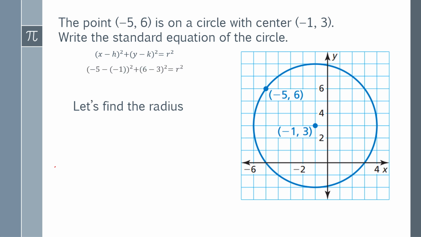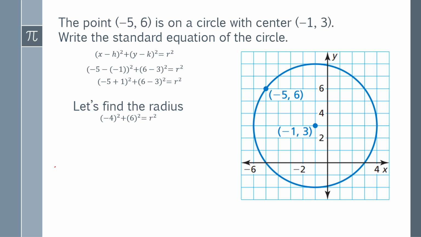So when I plug in those values, -5 was my x and 6 was my y, h is my -1 and k is my positive 3. So those are plugged in. I add them together, I get this number right here. All right, so that's the equation.